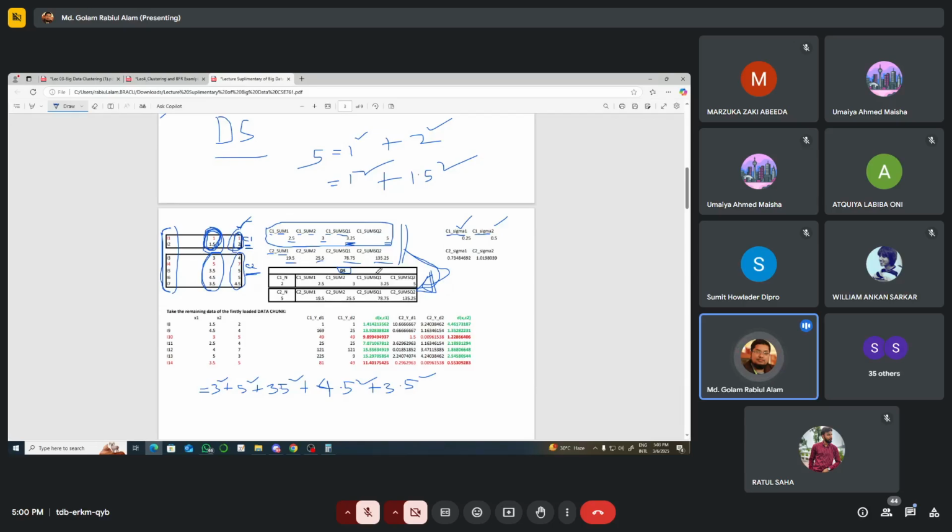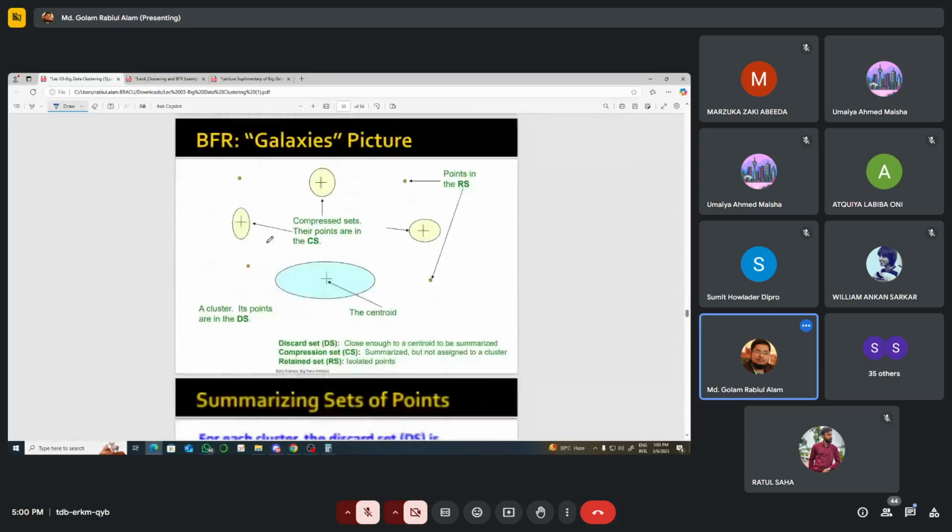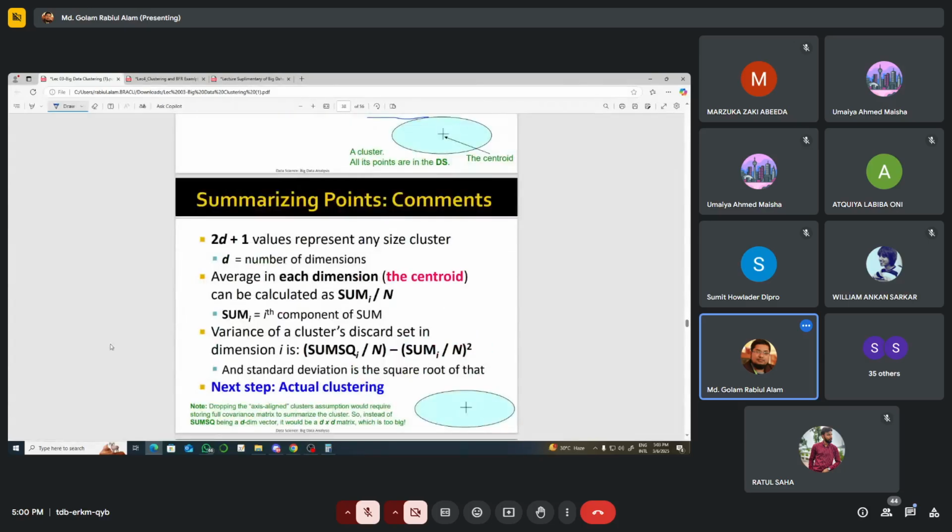So how to calculate this sigma? I think in our last class I have already shown that. The variance and standard deviation: the standard deviation we will get is the square root of that. So this is the square root of this value.